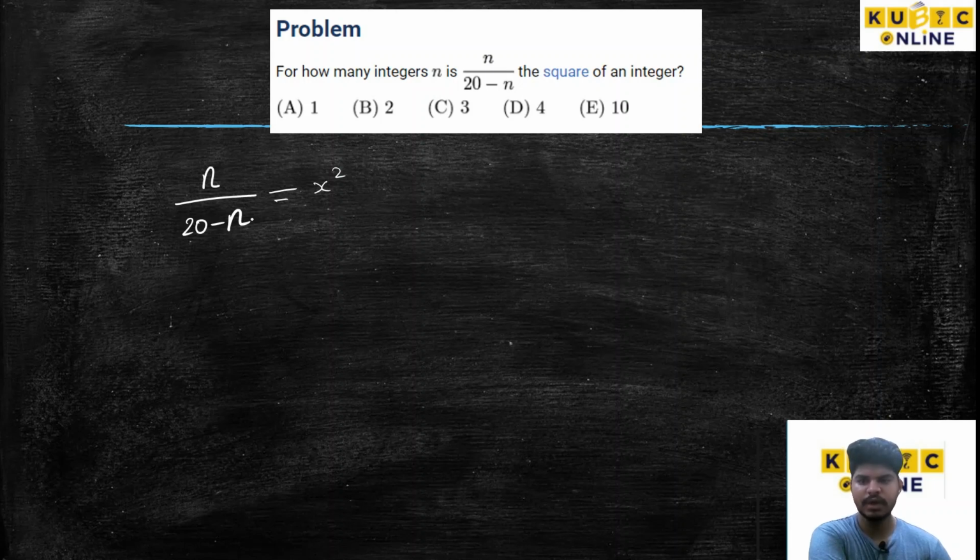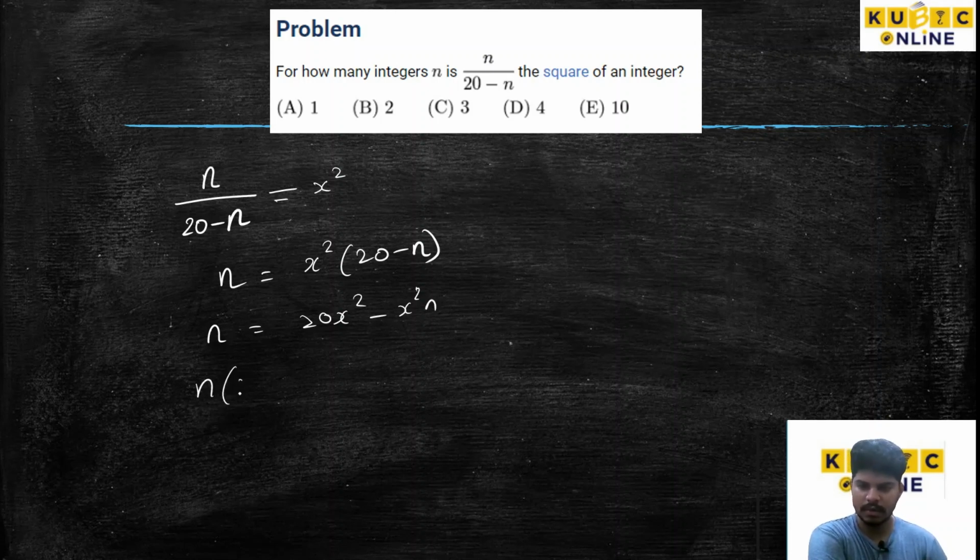So if we do n is equal to x square times 20 minus n, then n is equal to 20x square minus x square n. So n into x square plus 1 is equal to 20x square.